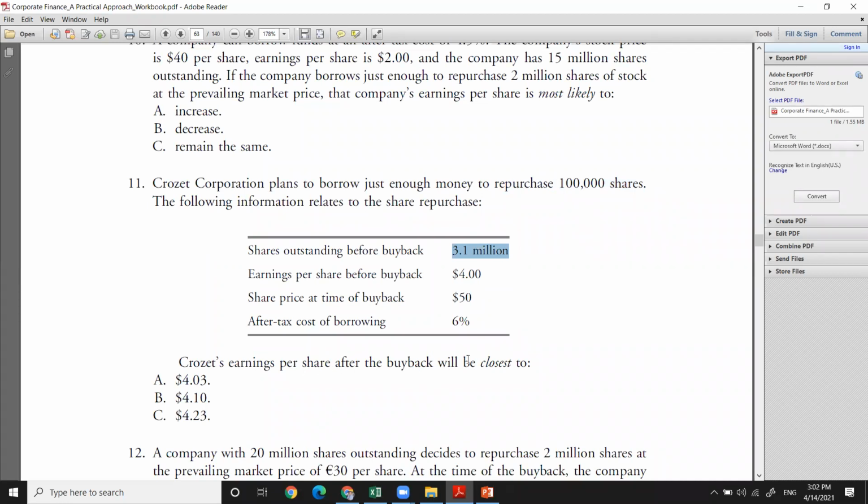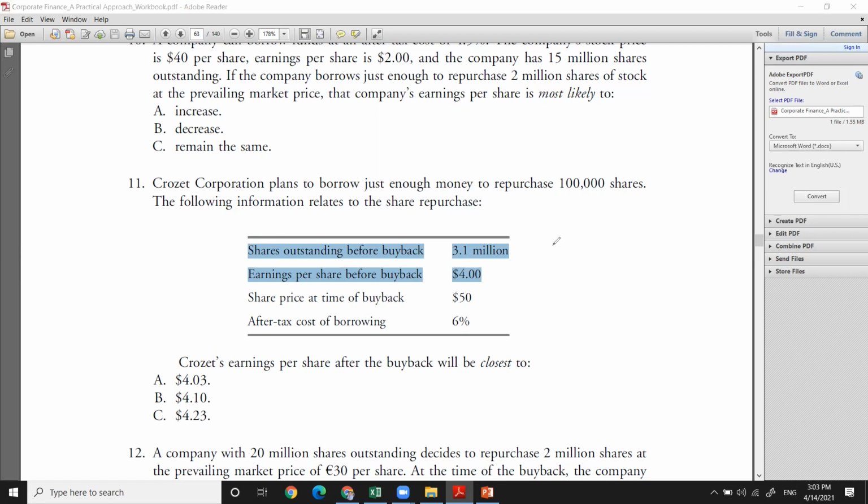First of all, we need to find the net income. So total earnings before buyback will be equal to $4 per share times the number of shares, which gives you total earnings before the subtraction of the interest. 12.4 million.